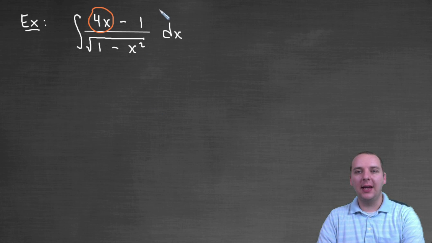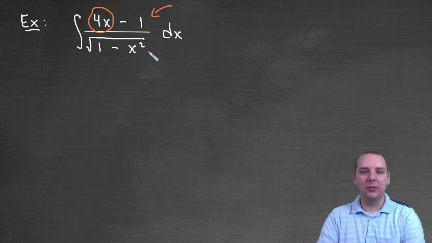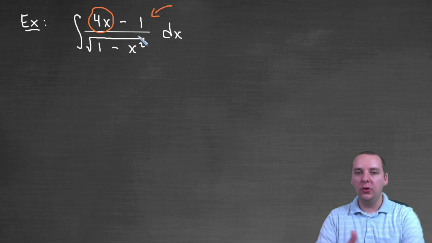However, one thing that kind of messes that up a little bit for us is this guy, this minus 1. That really has nothing to do with the du, and it would really kind of mess up that u substitution idea.